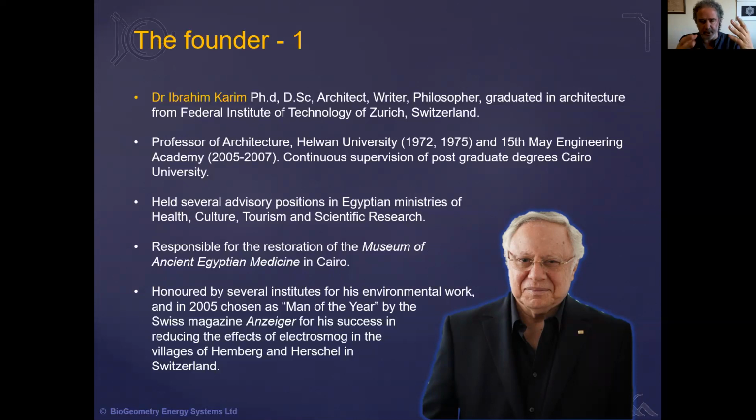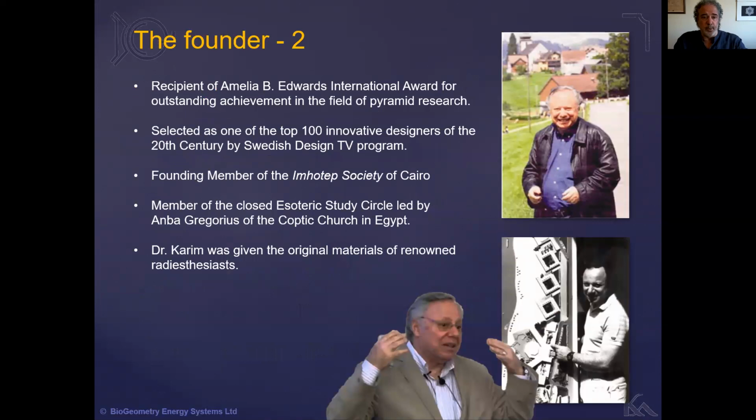In a few moments, when we start the lesson, you're going to be seeing it in more detail, and it's very important because it gives us not only hope, but a sort of benchmark as to what can be achieved today by biogeometry against one of the factors that is so detrimentally affecting humanity, and that's electromagnetic radiation.